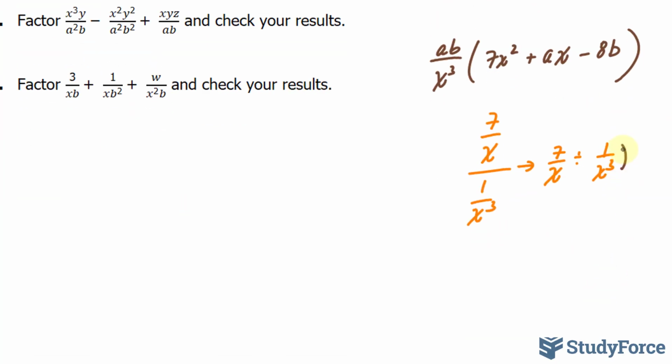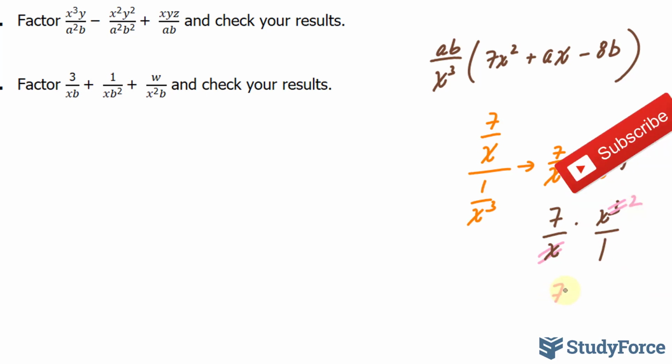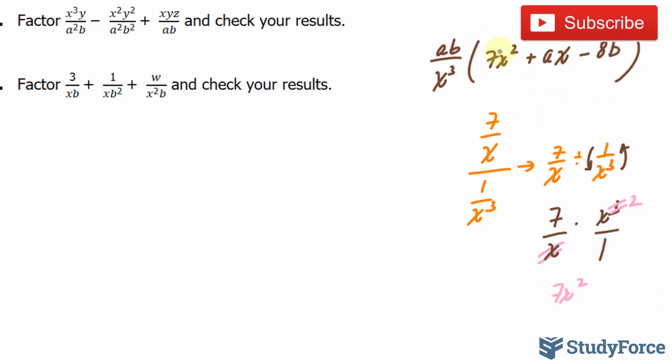We take the reciprocal of the second fraction, 7 times x to the power of 3 over x times 1. This cancels out with one of these, leaving us with 7x squared, which is what I wrote.